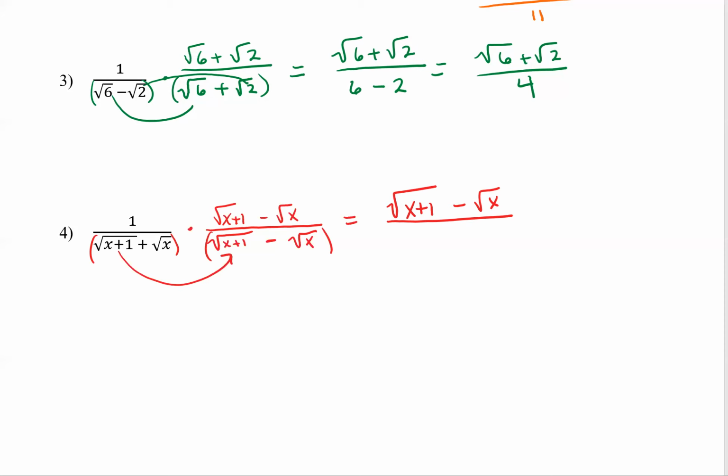So we multiply square root of x plus 1 times square root of x plus 1. You get the radicand, which is x plus 1, minus the square root of x times the square root of x, which is x. You'll notice in the denominator, you have x plus 1 minus x, which is 1. So you just have 1 in the denominator. So your final answer is square root of x plus 1 minus the square root of x.